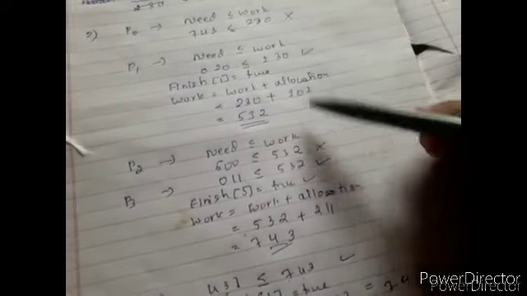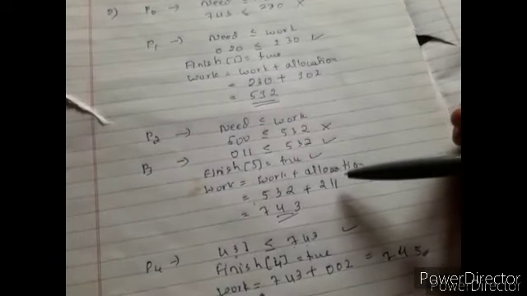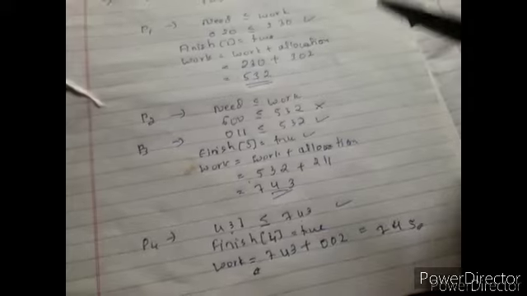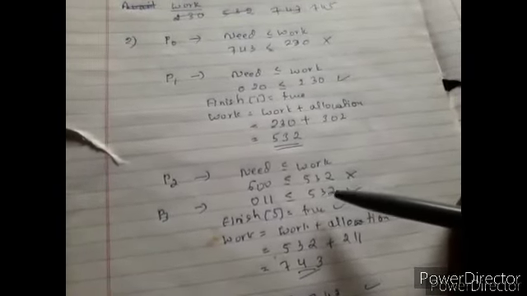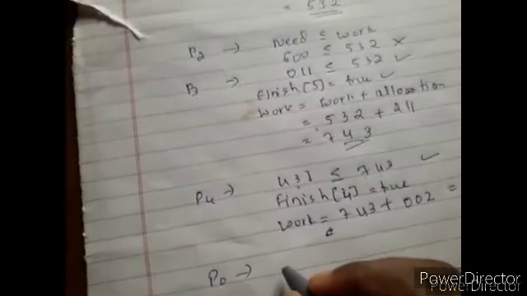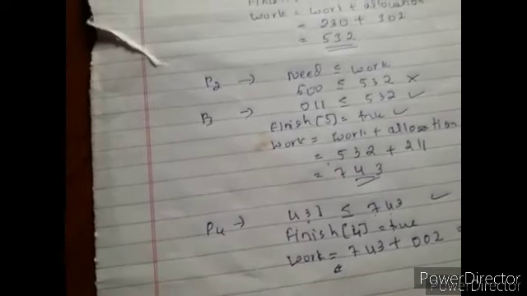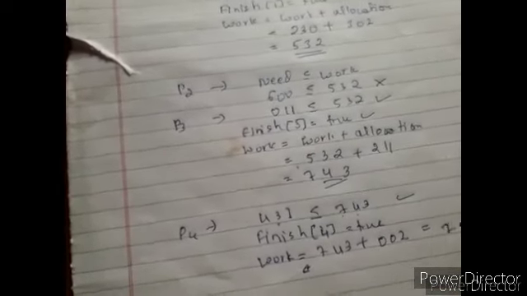Okay, next we need to start again with the processes which are not completed. P0 is not completed, P1 is completed, P2 is not completed, P3 is completed and then P4 is completed. So the remaining are only P0 and P2. So next we'll consider process P0. What is the need value for the process P0?